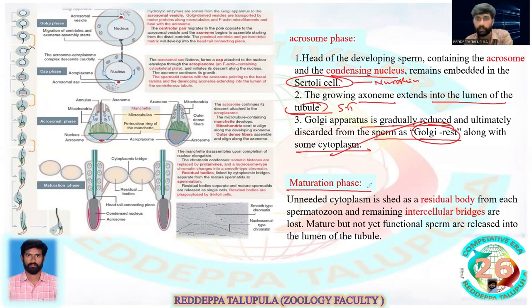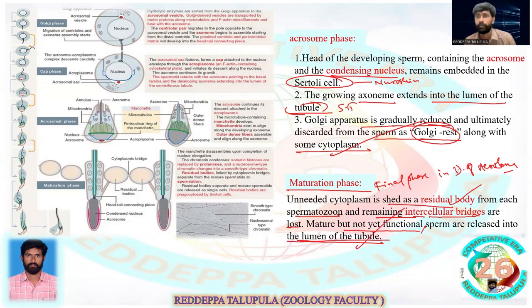The maturation phase is the final phase in development of the acrosome. Unneeded cytoplasm is shed as residual body from each spermatozoon and remaining intracellular bridges are lost. Mature but not yet functional sperm are released into the lumen of the tubule.